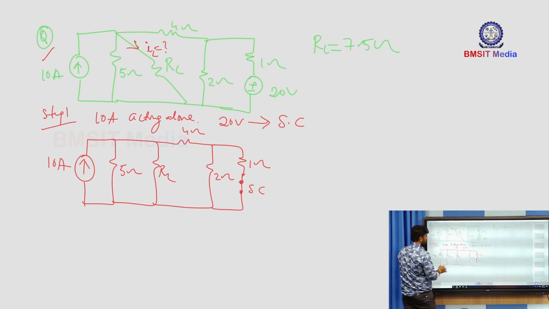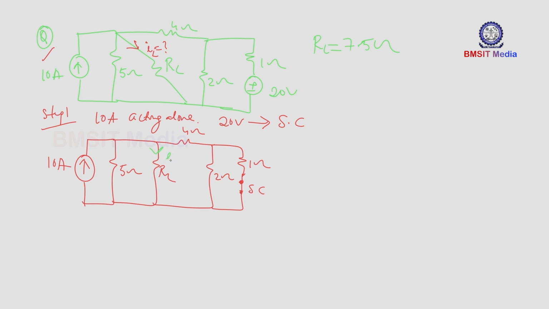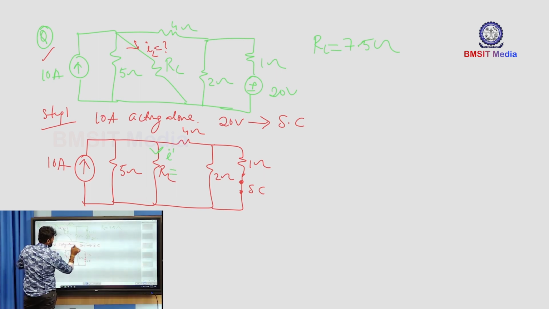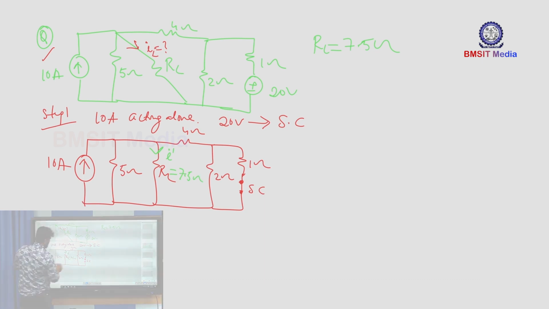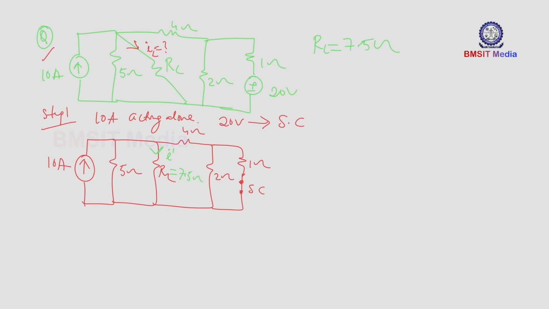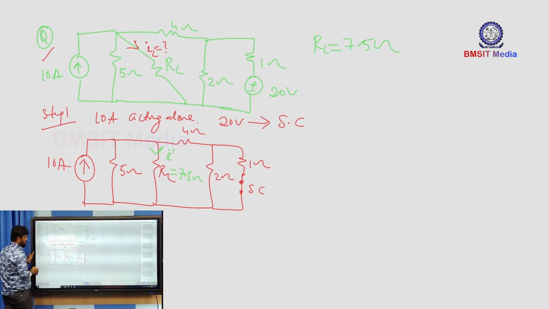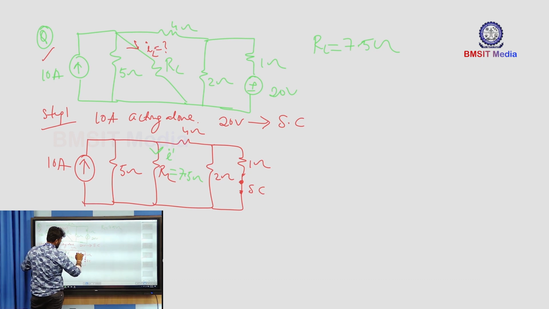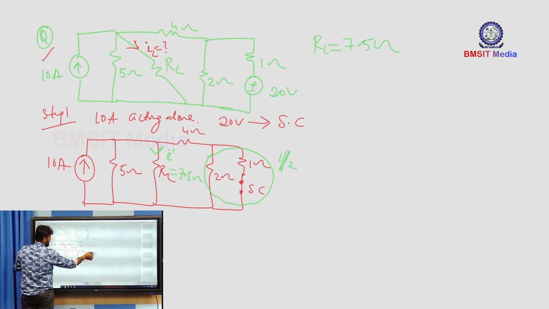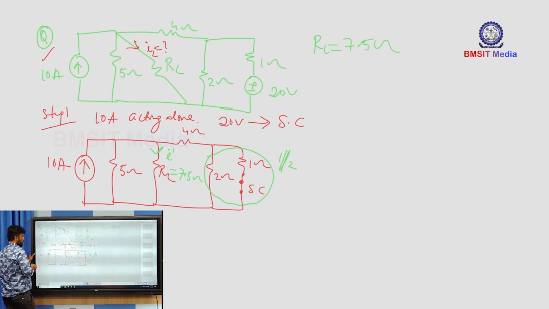Now find out the current in the load resistance. I will call it I dash. The load resistance value is 7.5 ohm. Now observe the resistors which are connected in parallel, so I can simplify this network. These two are connected in parallel, 1 parallel with 2, and that resultant is connected in series with the 4 ohm resistance.